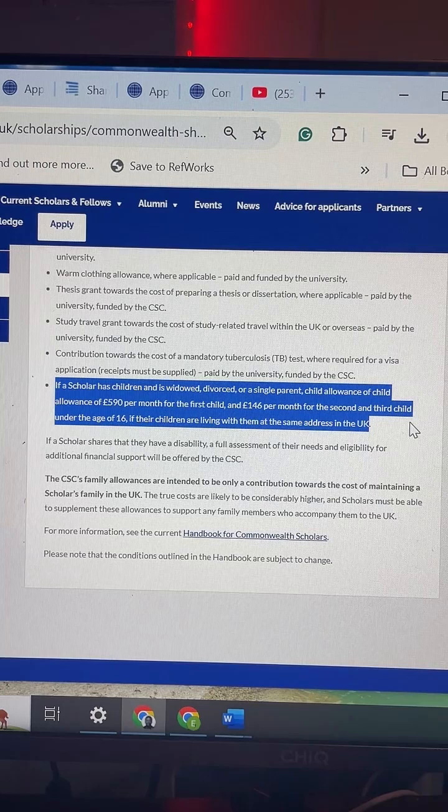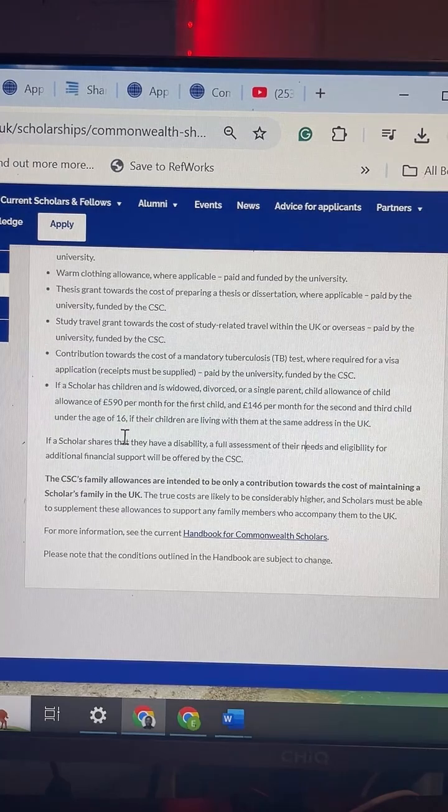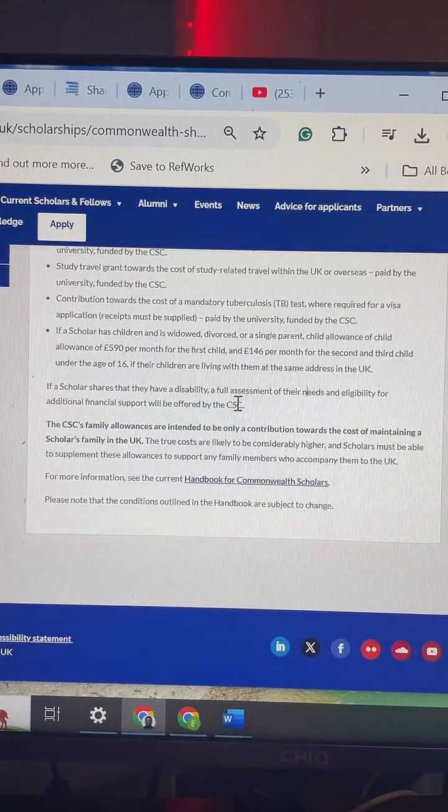So the first one will receive £590 per month, and then the second and third, if you have 3 children, will receive 146. So that together with the 590 will be what you receive every single month within the time of your study. And that is only when they are living with you at the same address in the UK.